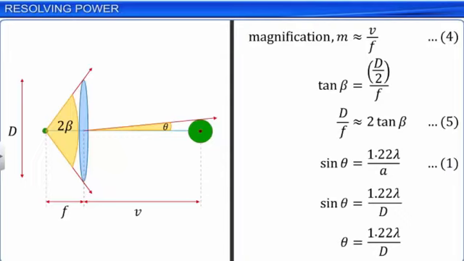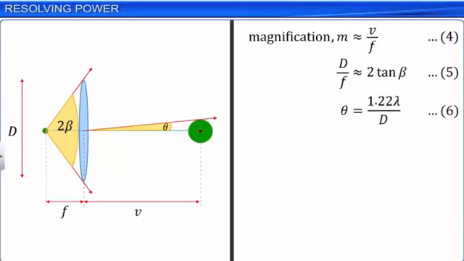Let this be equation 6. Since the image is formed at a distance of v from the lens, the radius of the central bright disk r is equal to vθ. Substituting the value of θ from equation 6, we get r is equal to v into 1.22 λ/d. Let this be equation 7.